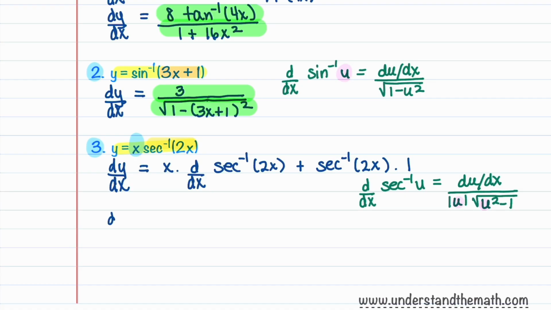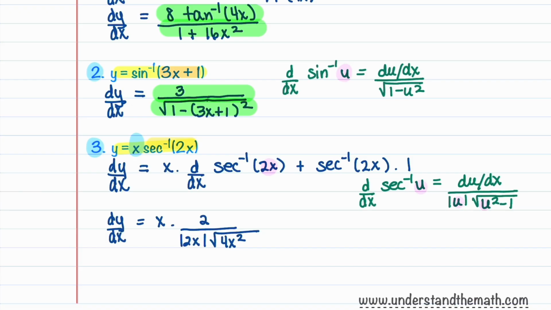So we have dy/dx is equal to x. Now we're going to take the derivative of inverse secant of 2x. The 2x is our u. So we're going to take the derivative of 2x, and that goes on top, so that's a 2. And then we're going to divide that by absolute value of 2x times the square root of (2x) squared, so that's a 4x squared.